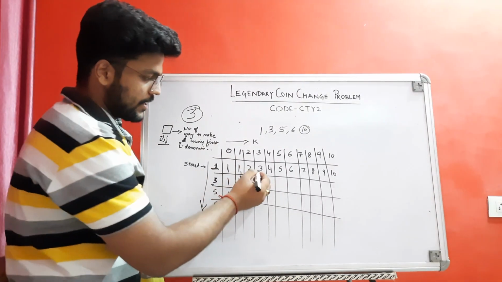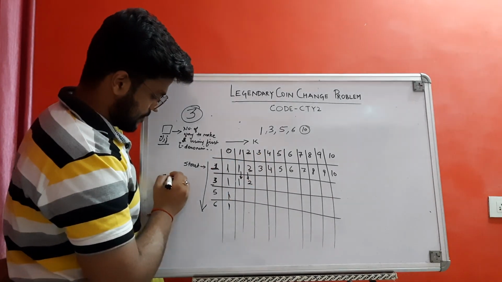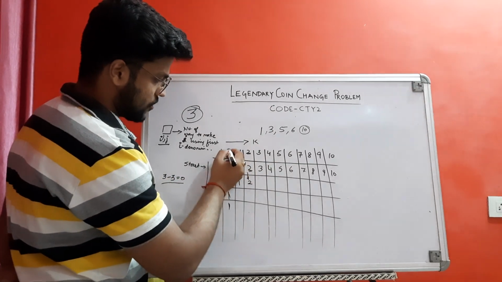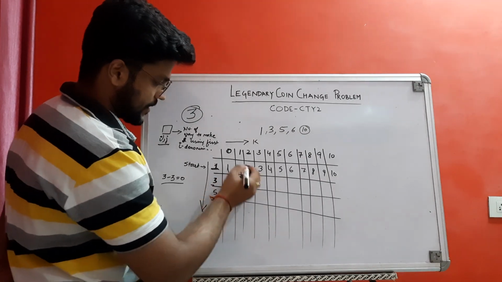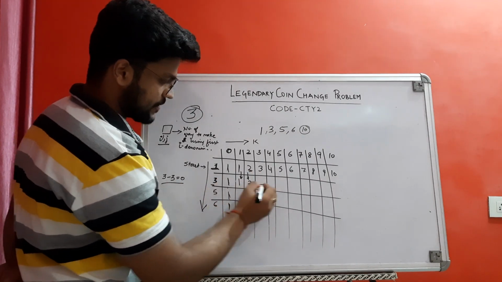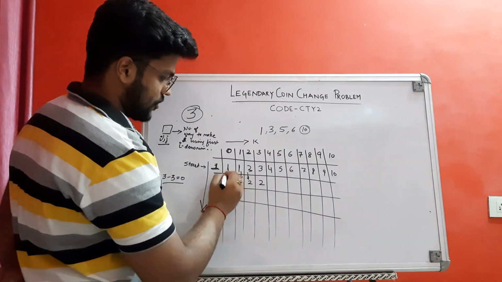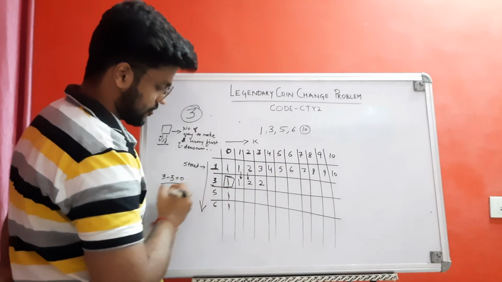If I use 3, the remaining sum required is 3 minus 3 equals 0. So I will look at 0 in the row for 3. There is one way, then plus 1, equals 2, because there is one way to make 0, and another by using a 3 denomination.